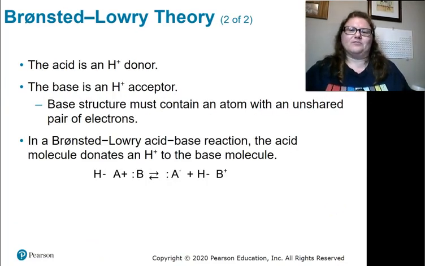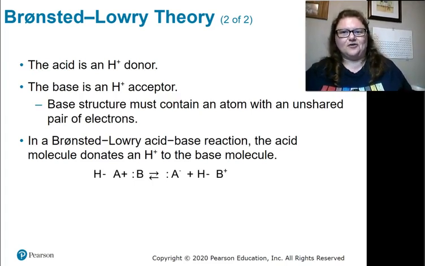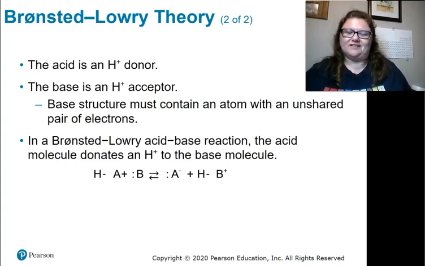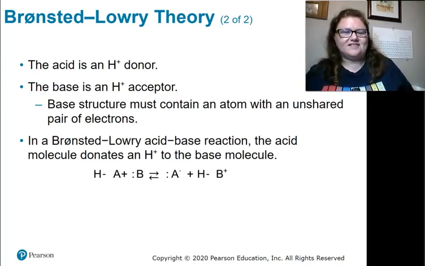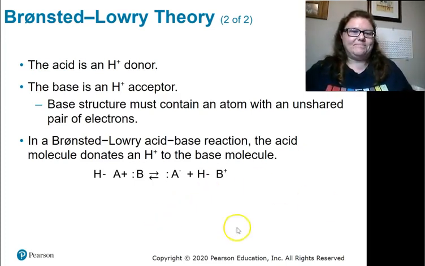So then we can flip over to Bronsted-Lowry. And so they're talking about donors and acceptors. And you might be saying, well, that's the same thing that you just said with Arrhenius. It is and it isn't. With this, it'll exclude some compounds, or accept ones that Arrhenius won't quite count for his definition. So we could take a look at this, right? A base structure must contain an atom with an unshared pair of electrons. That wasn't part of the definition for Arrhenius.